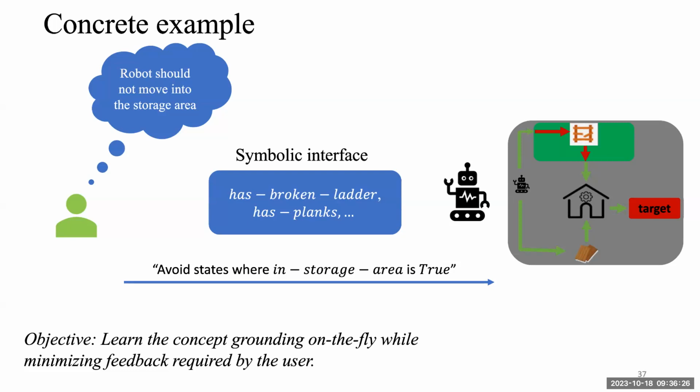It should actually use this part. But this concept, in storage area, is missing from the symbolic interface. That's our problem setting. So our objective is to learn these concept groundings on the fly while minimizing the feedback that is required from the user. So this project is all about learning such concepts online.